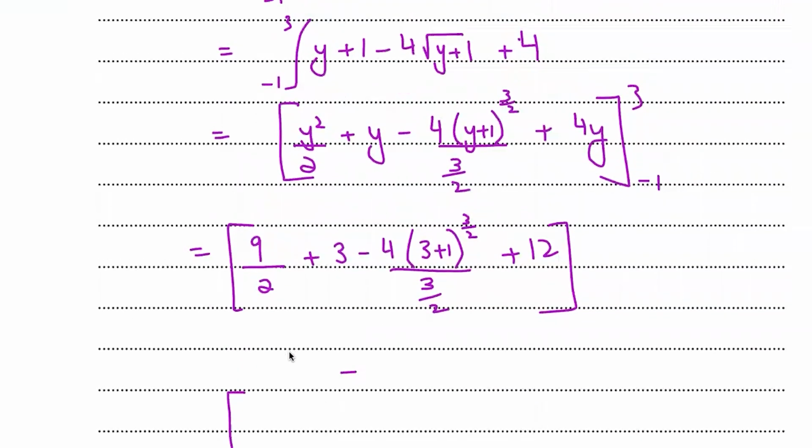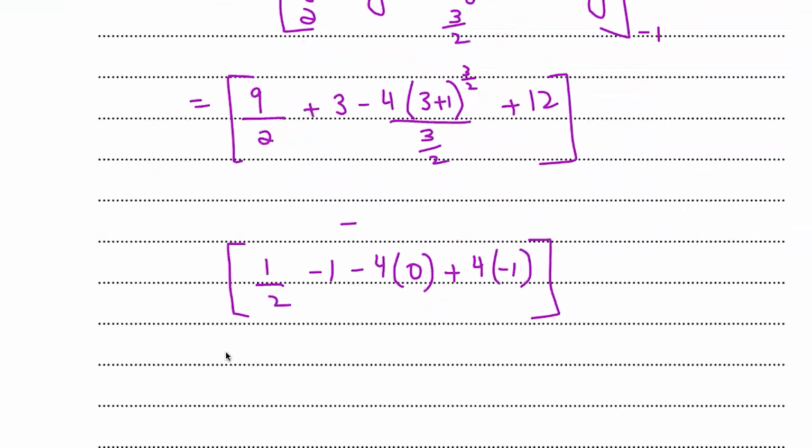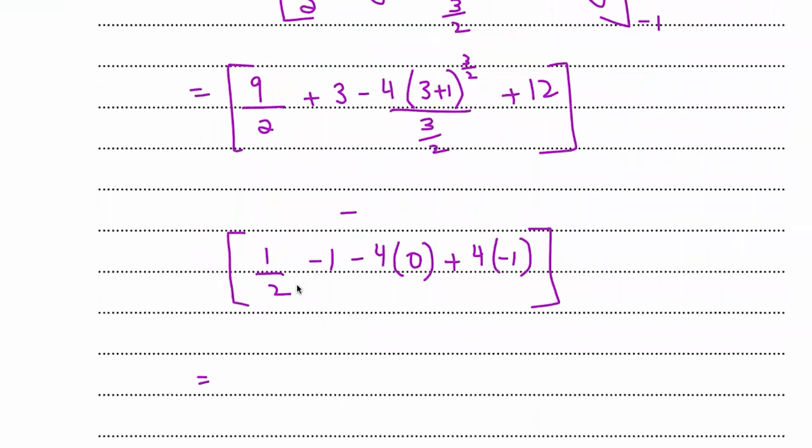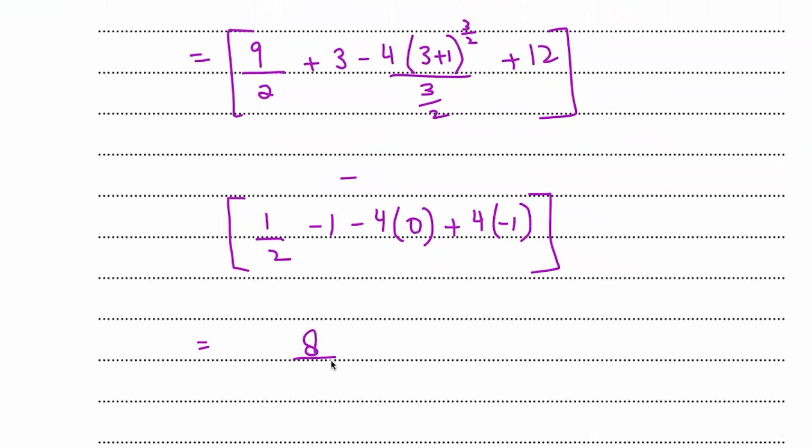So this will become minus 1 whole squared is 1 upon 2, minus 1, minus 4 times, minus 1 plus 1 is 0, so this whole function becomes 0, and then plus 4 into minus 1. Subtracting these two values, we get 8 upon 3, and we add the pi to the final answer. So the final volume obtained is 8 pi upon 3.